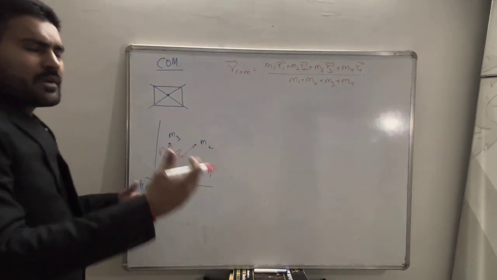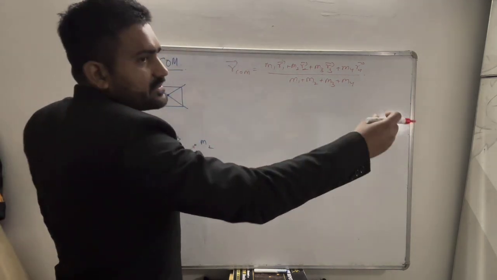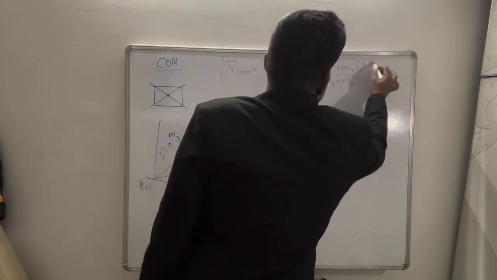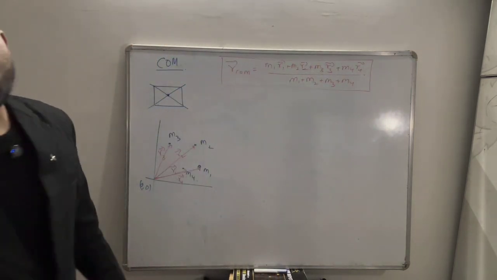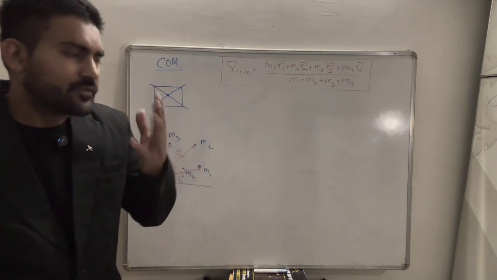And if we have more masses, then we can write it so on, m5, m6 and so on, right? So this is the formula for the center of mass of the system, if we have so many masses placed at r1, r2, r3 and r4 distance.